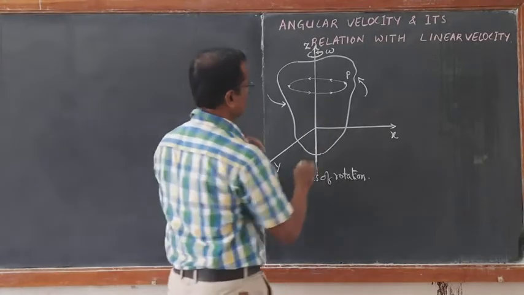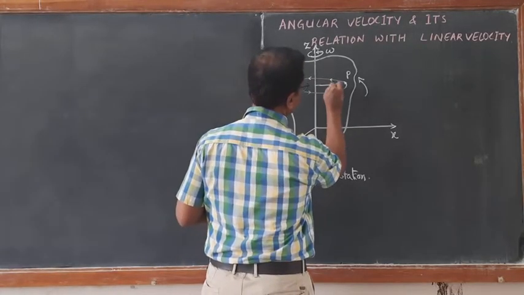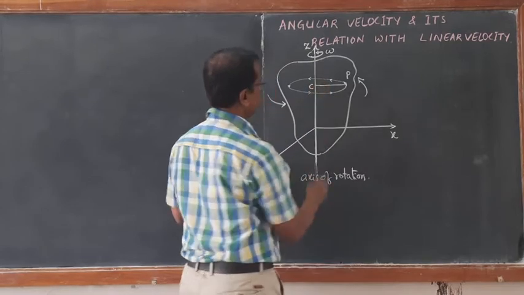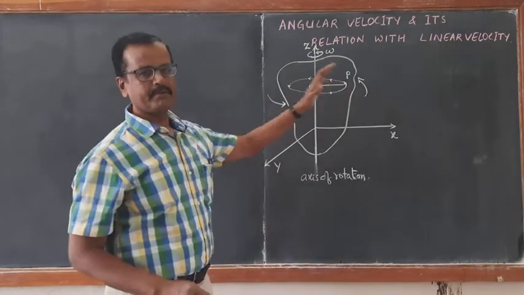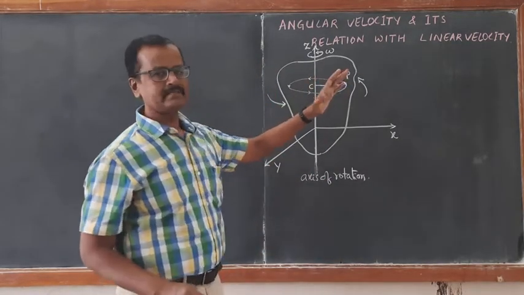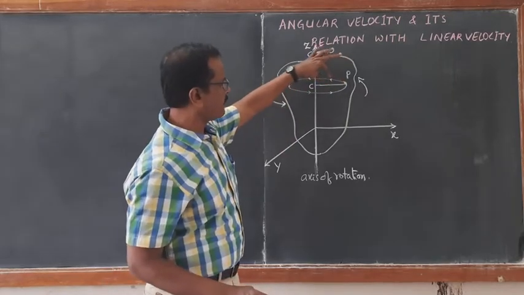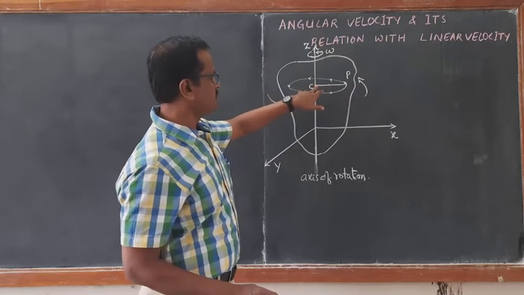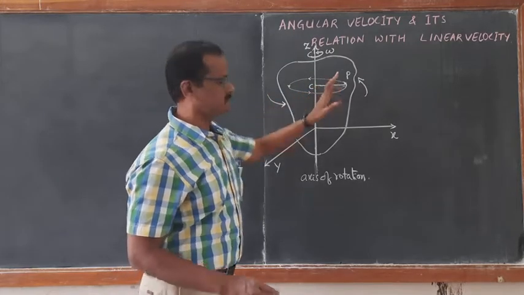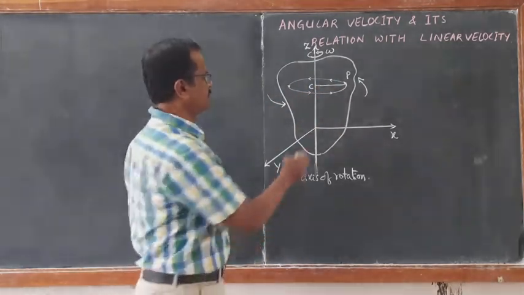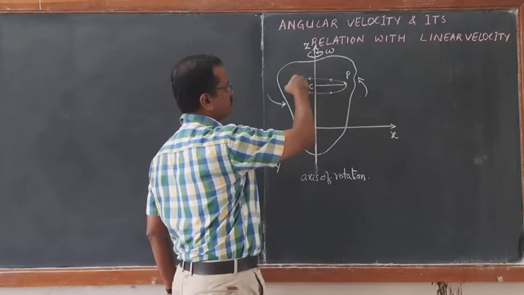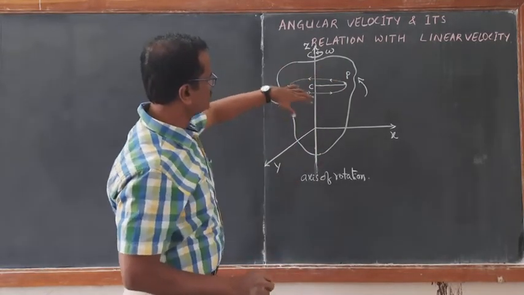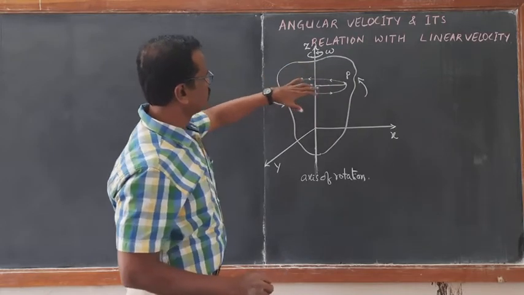Right? Initially, let us say this is the center and CP is the perpendicular distance of the point P of certain mass from the axis of rotation, which itself can be taken as the radius, and this radius becomes the constant perpendicular distance when the particle is undergoing the circular motion.